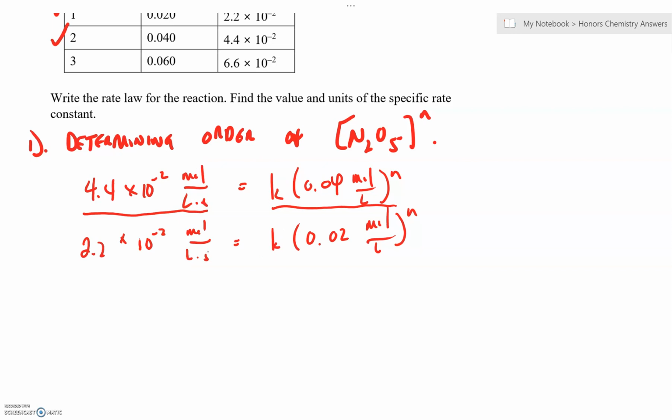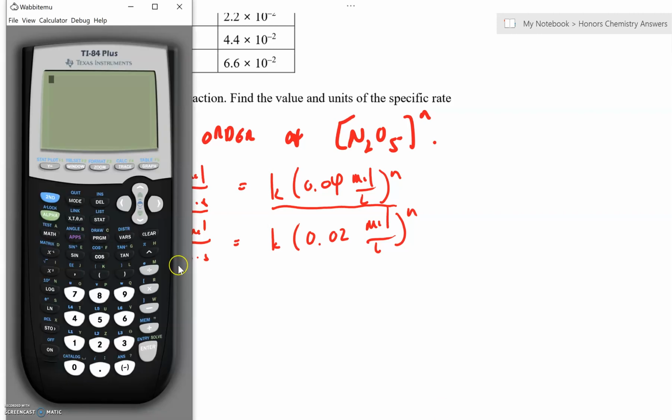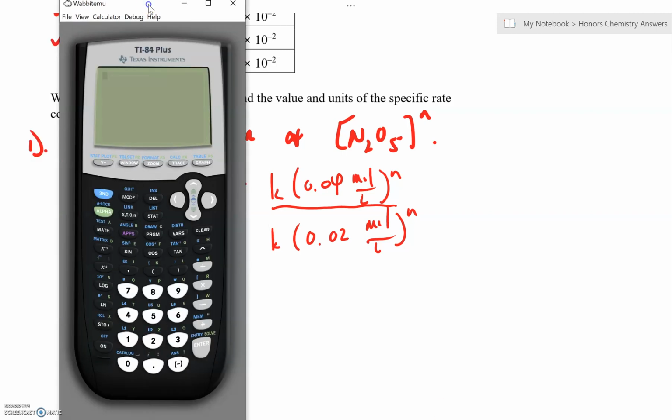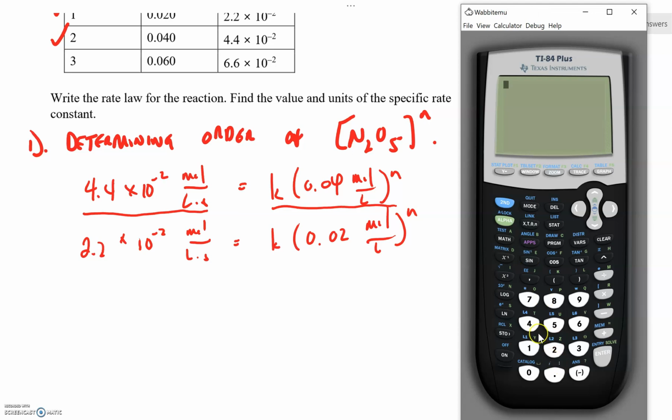So since we're going to leave all these units in, let's bust out our calculator. I don't think you need one for this, but just to be thorough, let's put this over here so I'm not blocking my numbers. 4.4 times 10 to the negative 2, and we're going to divide that by 2.2 times 10 to the negative 2.